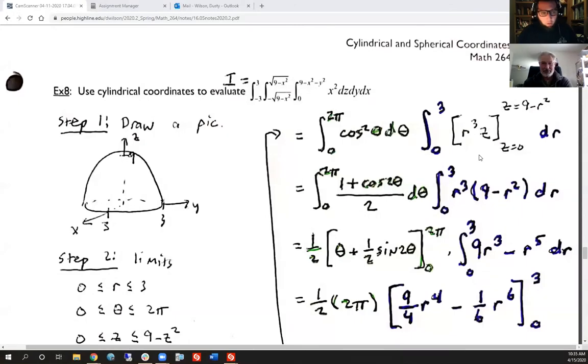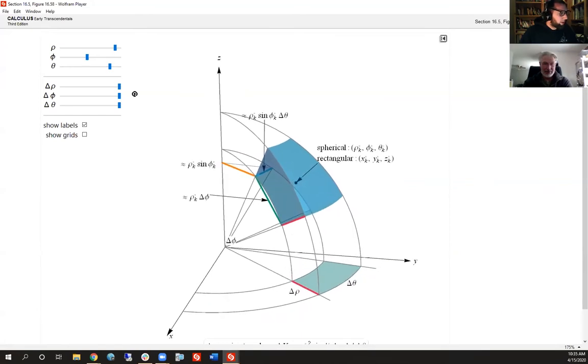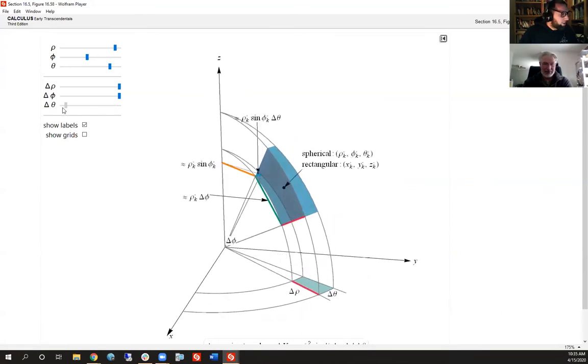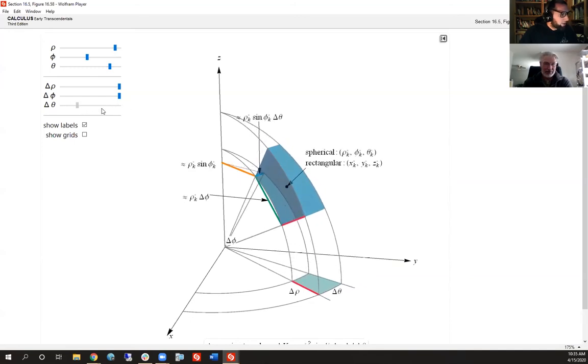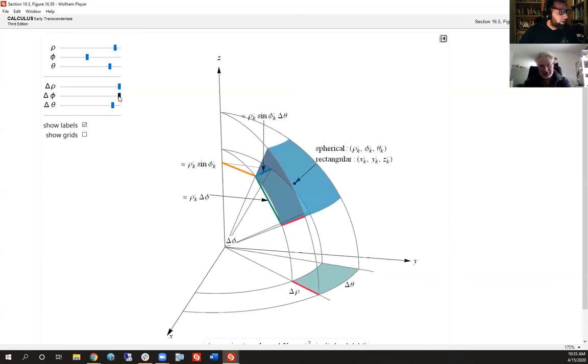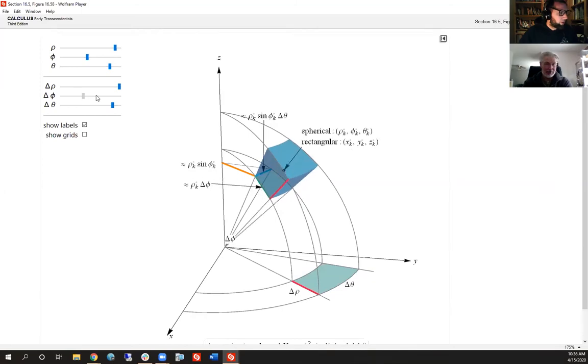So let's look at this in the animation and see the same thing. Here's that same chunk of cantaloupe, and you'll see the d theta is impacting those vertical slices, like longitude slices, like we were talking about. The d phi is impacting the latitude, so to speak.